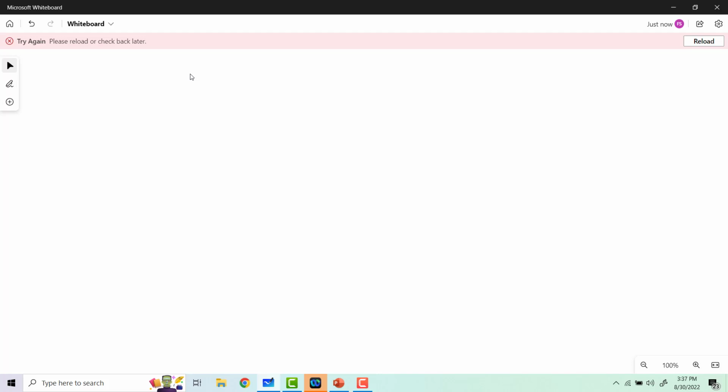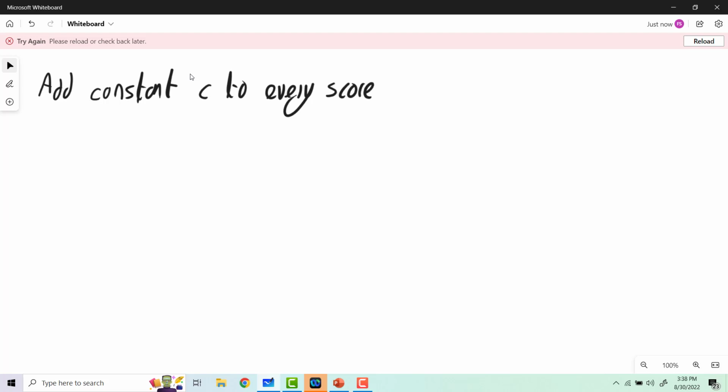So imagine that we add a constant C to every score in our data, the ones we're calculating the mean from. And we want to calculate, what happens to the mean?